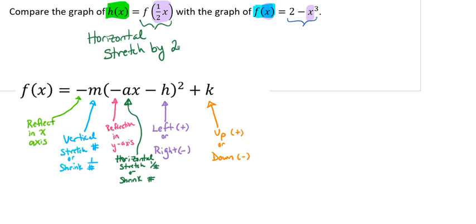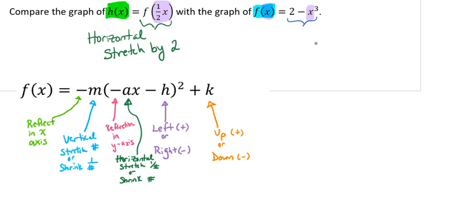Because remember, when it's on the inside, it's like it lies to us. It's like a hypocrite. It says one thing and does another. So it's going to be a horizontal stretch by 2. That's our original equation, and then our new equation is going to be a horizontal stretch by 2.